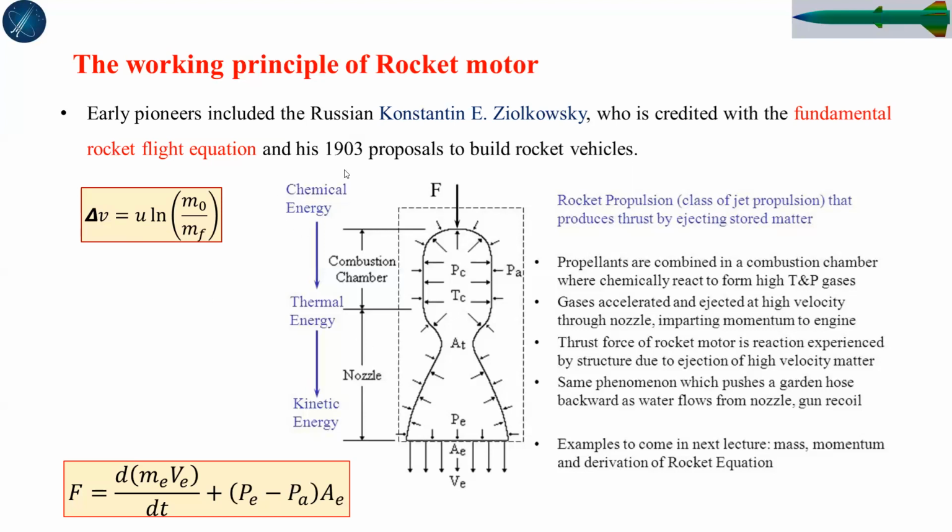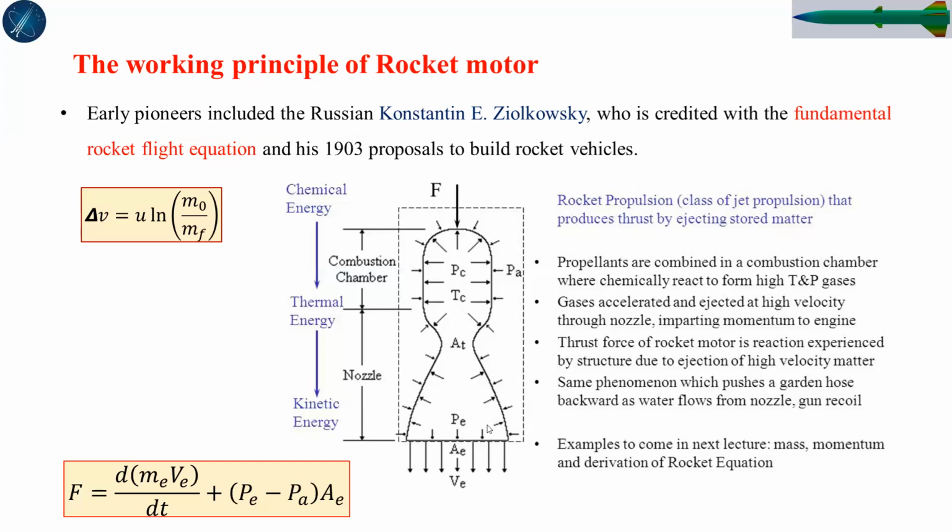It means our rocket will accelerate in a more appropriate manner, meaning high acceleration will be obtained. So there is chemical energy from the chemical propellant in the combustion chamber, and that chemical energy is changed into thermal energy in the combustion chamber. This high temperature gas will eject through the throat area of this rocket motor. This is a simple rocket motor. So it will come out and accelerate through the divergent nozzle.